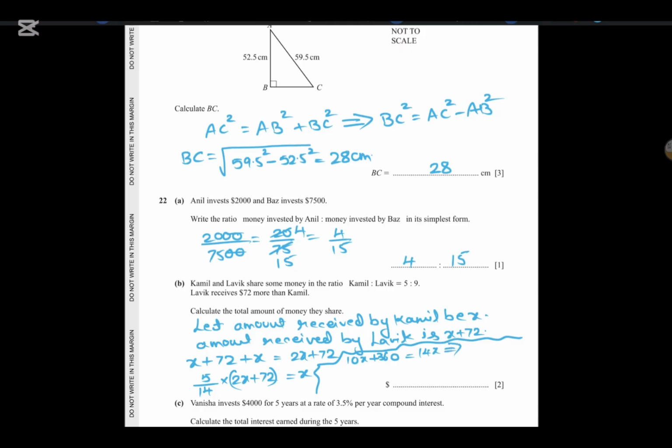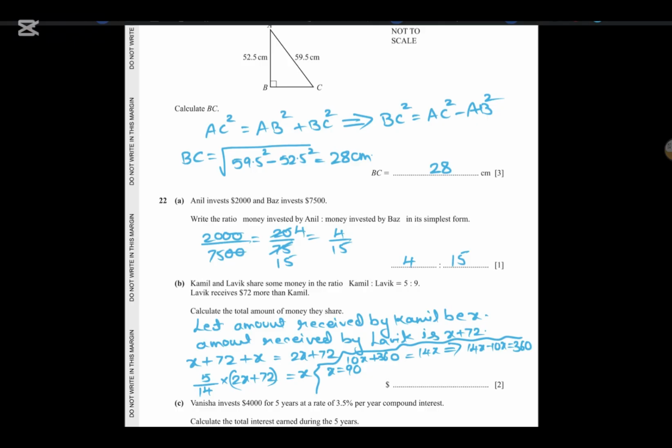So bring 14x onto the right hand side, or you can bring 10x on the right hand side. By flipping the equation, 14x minus 10x is equal to 360. So 4x is equal to 360, x is equal to 90. Calculate the total amount of money they share.